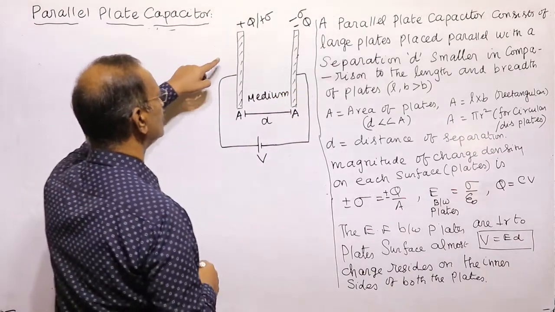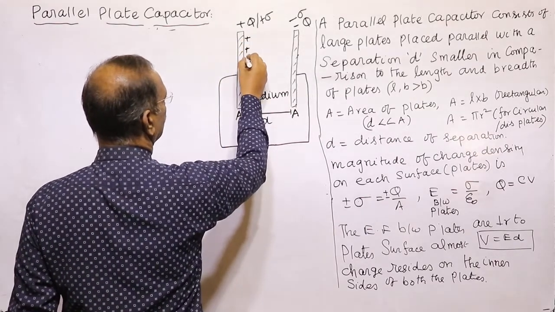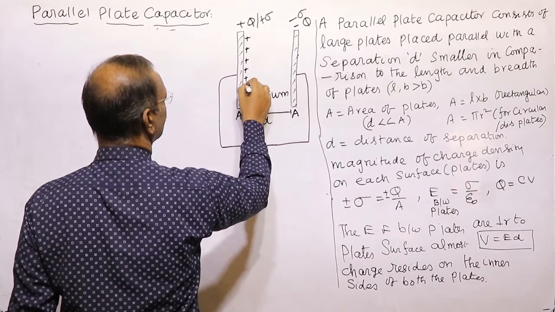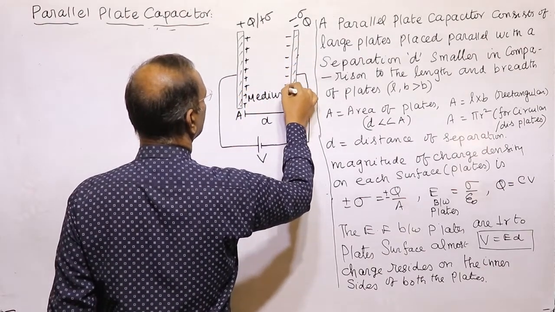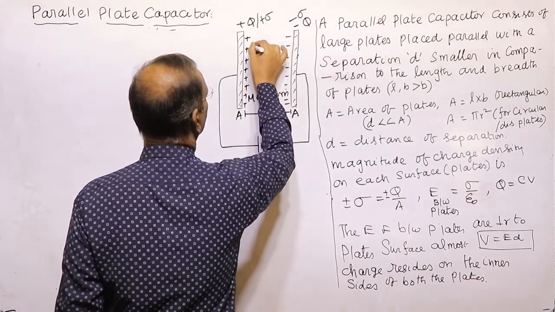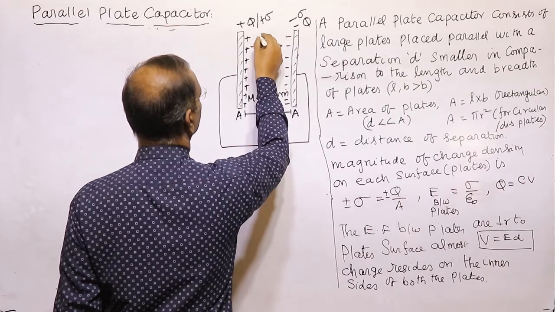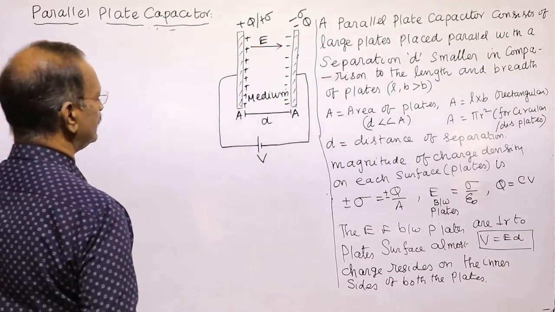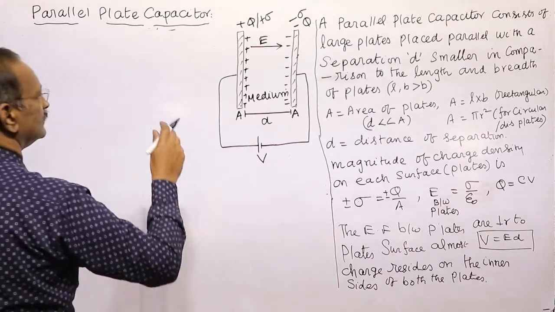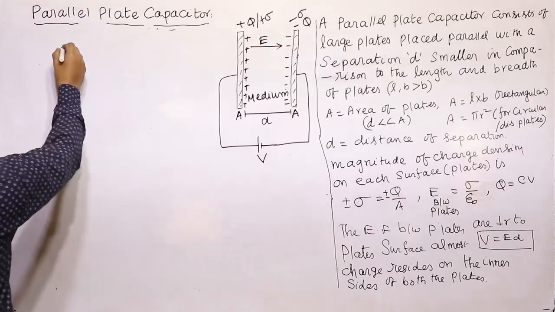When this is given charge, what will happen? The charge will appear on the inner side of the surface. It means the electric field inside the dielectric is in this direction. We know what the electric field is.